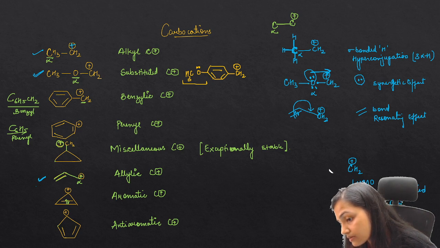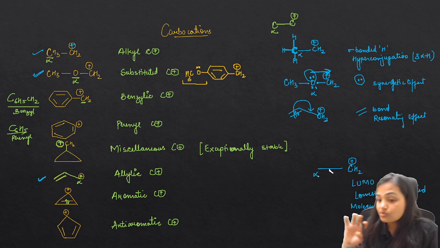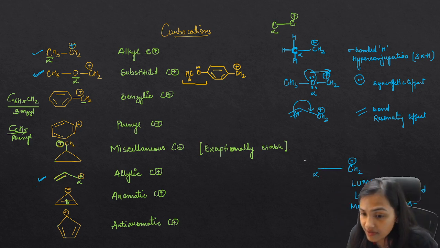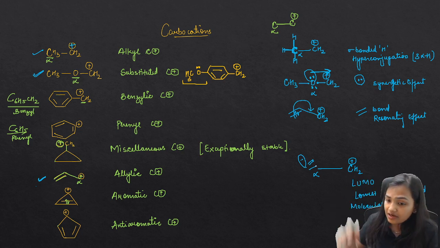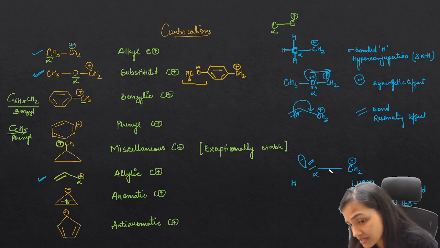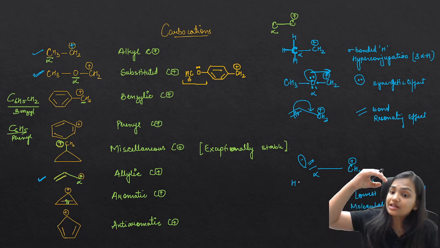And any of the species at the alpha position which is giving its electron pair, whether with a lone pair, a pi bond, or a sigma bond, whatever the way, if they are giving their electron pair, they must be in their higher energy state.